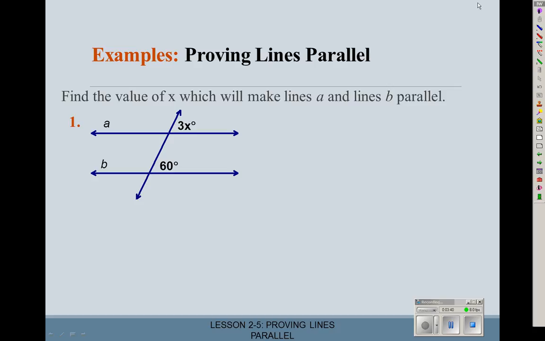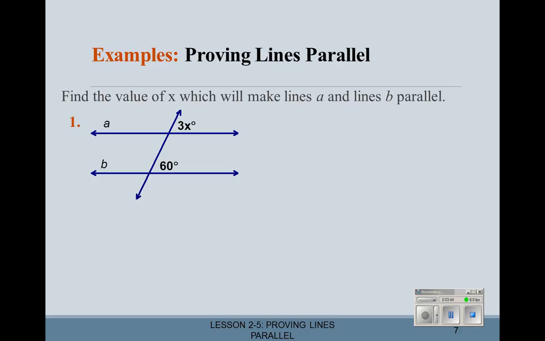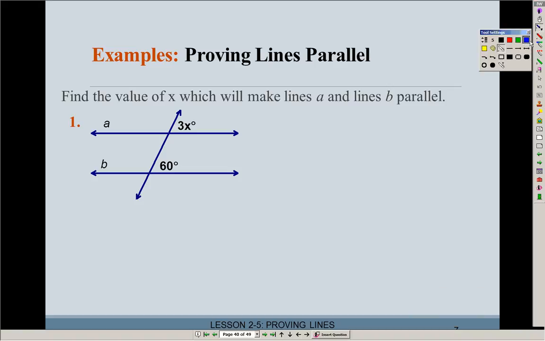So here we have these two angles, 3x and 60. That's in the top right. These are corresponding angles. And we know that if corresponding angles are congruent, then the lines are parallel.